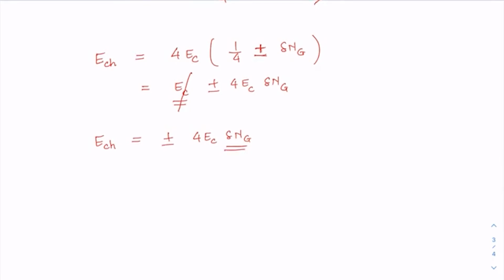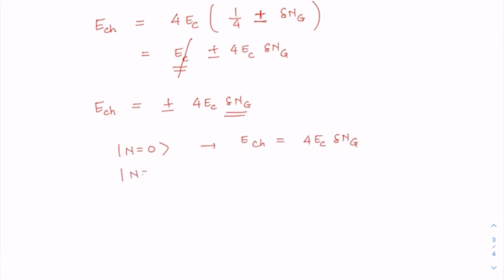Now clearly, for the n is equal to 0 state, in the absence of perturbation, the energy eigenvalue would be simply 4 EC delta Nz, and for the n is equal to 1 state, the energy eigenvalue would be minus 4 EC delta Nz.